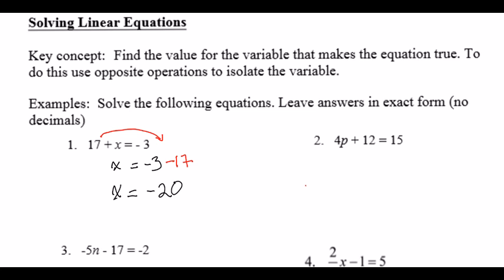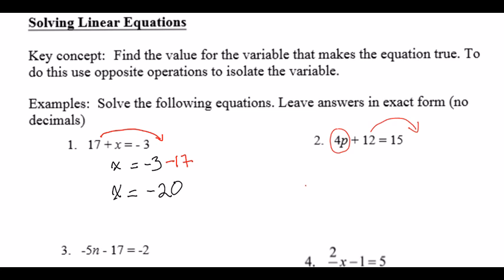For question number 2, we're going to isolate or single out the term 4p. To do so, we have to move the plus 12 to the other side, and notice I'm always moving it to the right side of the 15.